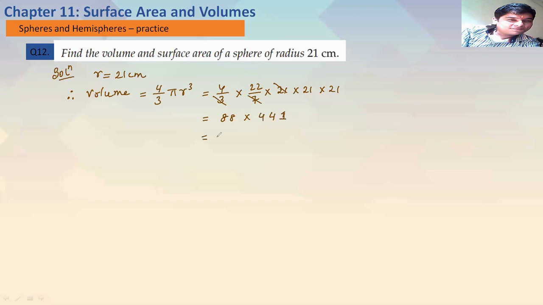Yeah, but I know how to multiply. It's okay. Go on, calculate it. 38,808 centimeter cube. Yeah. Let's go on to find out the surface area.